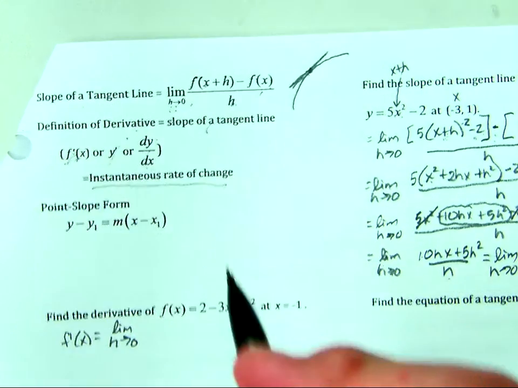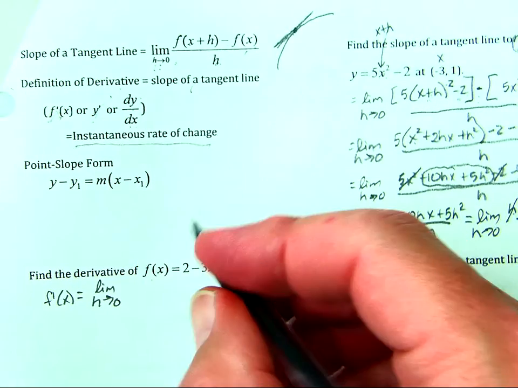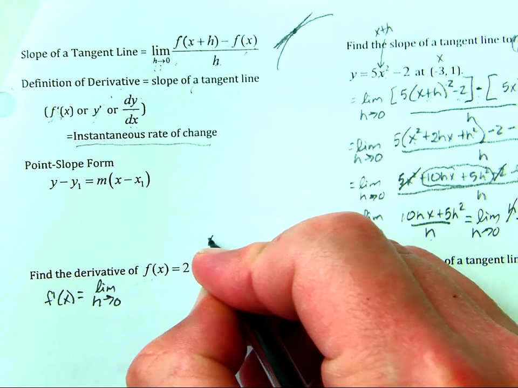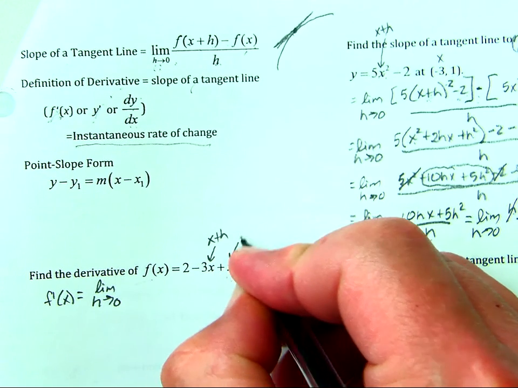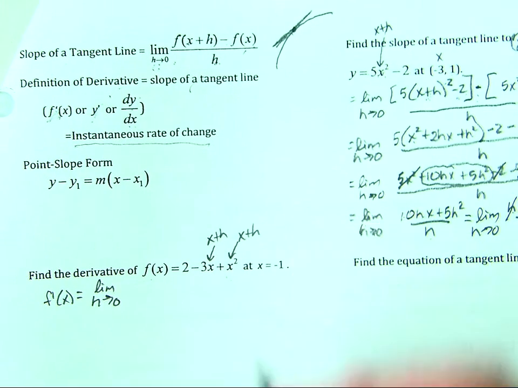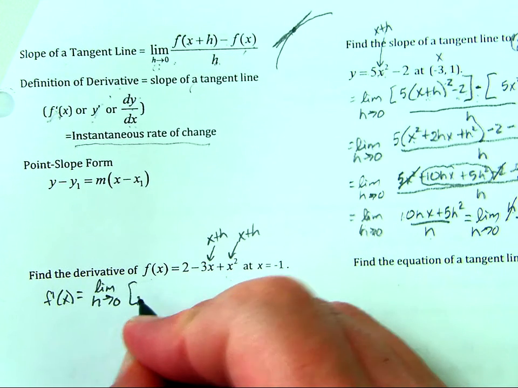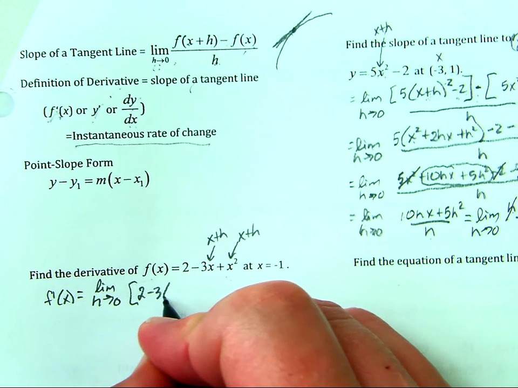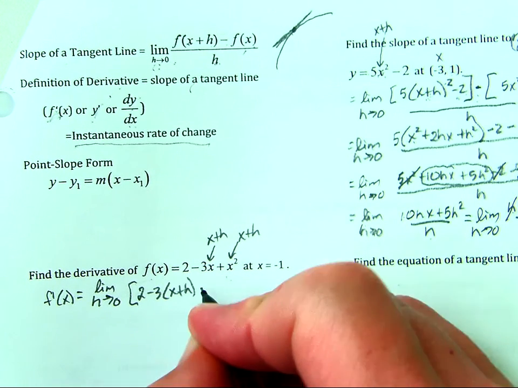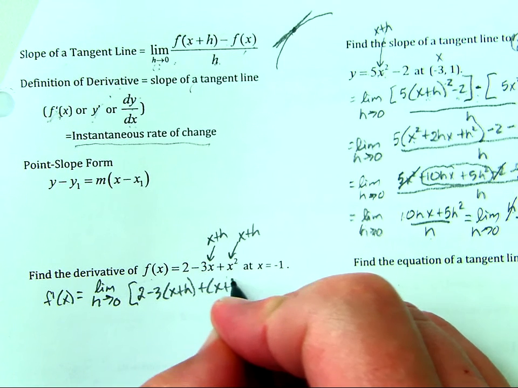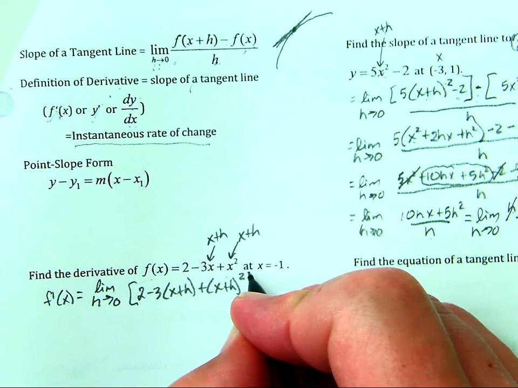Now again, our three things. Remember, for f of x plus h, we're going to plug an x plus h in here and in here. So in both x's, we're going to plug in x plus h. So it's going to be 2 minus 3 times x plus h plus x plus h squared.